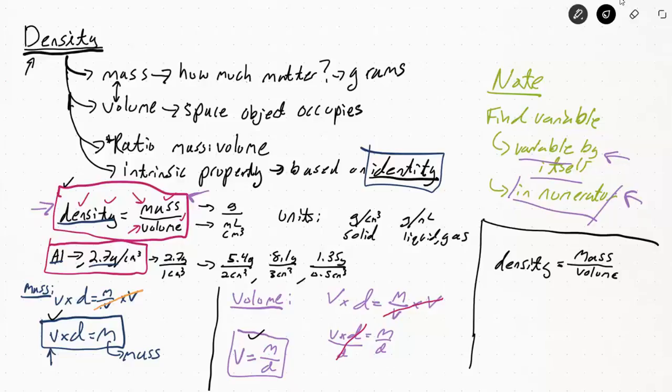In the case of aluminum, that'll always be 2.7 grams per every 1 centimeter cubed. But then we said, well, we can take this equation and do some more powerful things with it. We can solve it for mass and get mass equals volume times density, or we can solve it for volume and get volume equals mass divided by density. And that is the end of the video. Thank you.